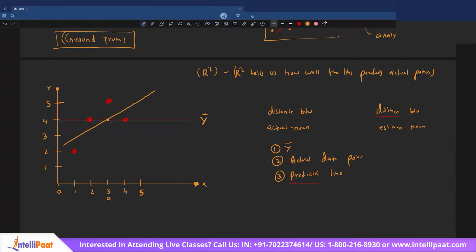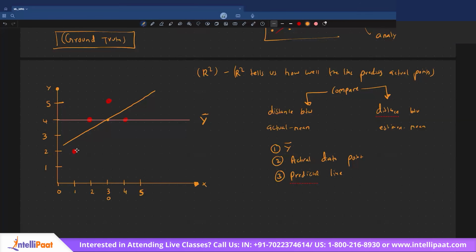The distance between the actual data point and the mean. Listen to me. Is this the actual data point, the red dot?